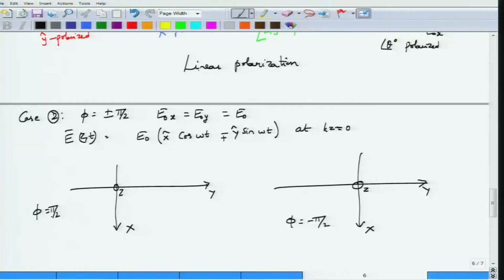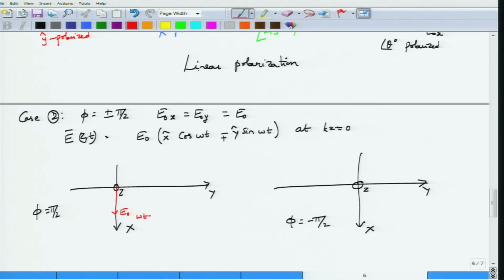With phi equal to pi by 2, your expression will be E0 x hat cos omega t minus y hat sin omega t. At omega t equal to 0, which direction would the electric field point? It would point along the x direction with an amplitude of E0.